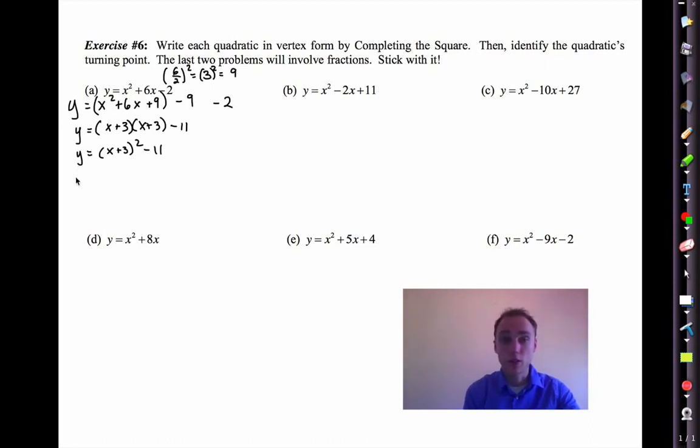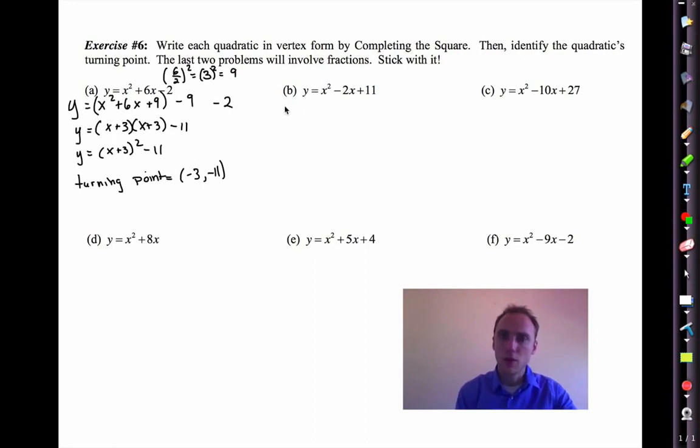Now finding the vertex or the turning point, that's going to be -3, -11. Remember -3 because it's a positive and it's supposed to be a negative. So minus a -3 will give me -3.